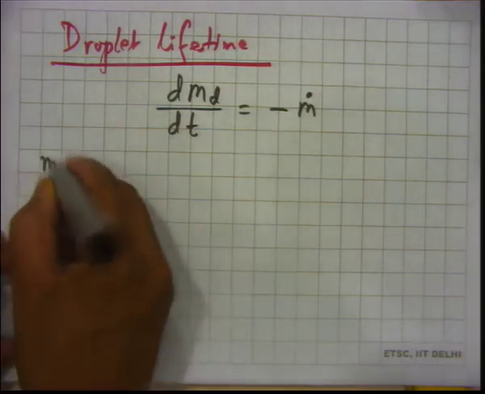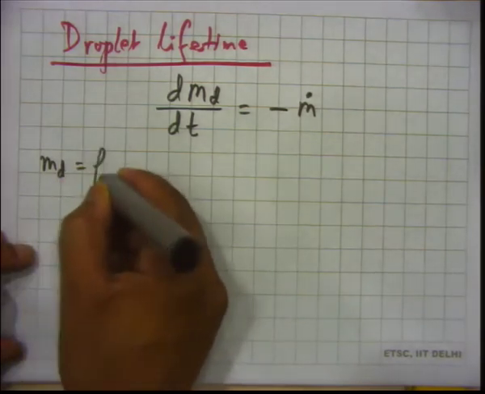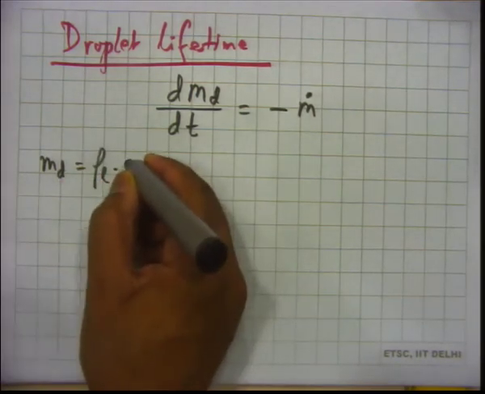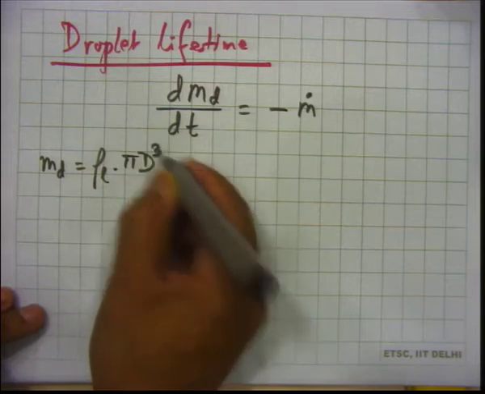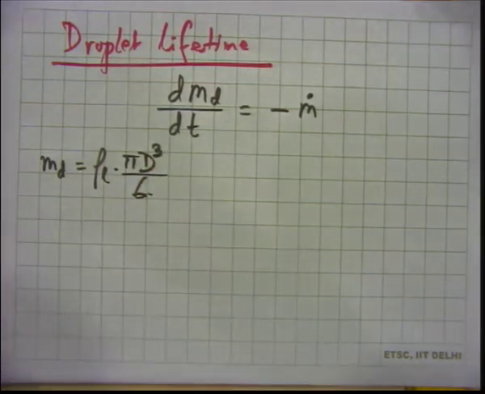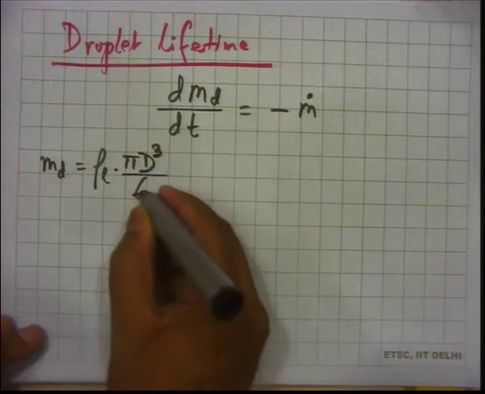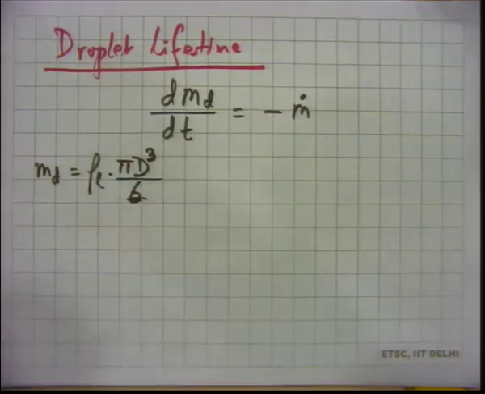So what is the mass of droplet? It is rho L into pi D cubed by 6. Capital D is the droplet diameter. Rho L is the density of the liquid.